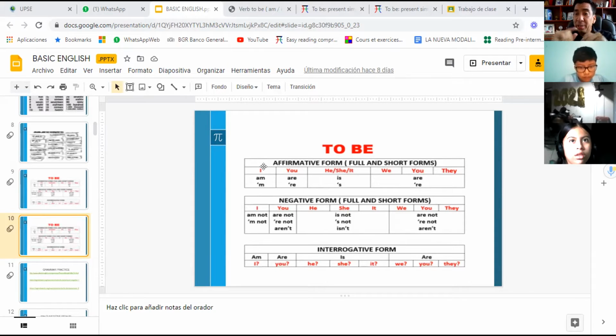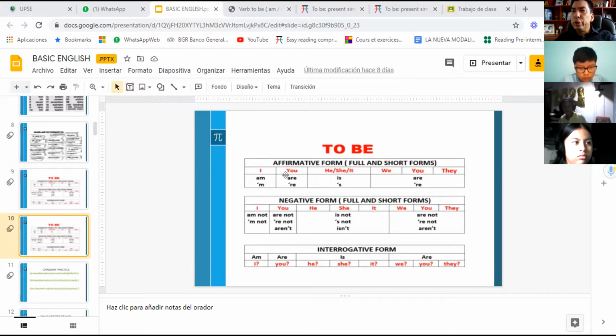Be careful with this, guys, because it is a common mistake. I have heard "ayang." No, that is not correct. The correct conjugation is I am or I'm. You know both ways.